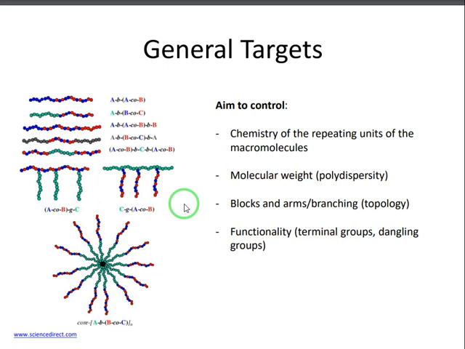to form and shape the macromolecules with different shapes.